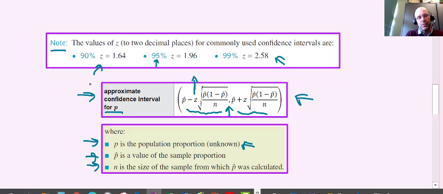I don't ask you to memorize too much, but I think it's handy to memorize those. 95% is within 2 standard deviations, and 1.96 is close to 2. 90% means we're less confident, and 99% more confident, but notice how as we get more confident we have a broader interval.